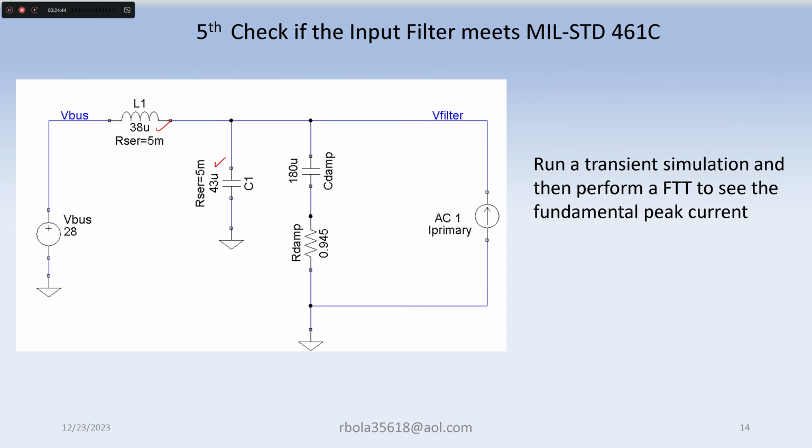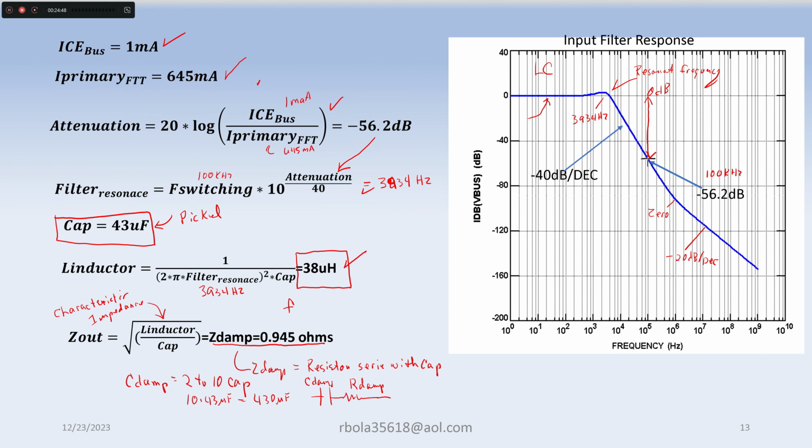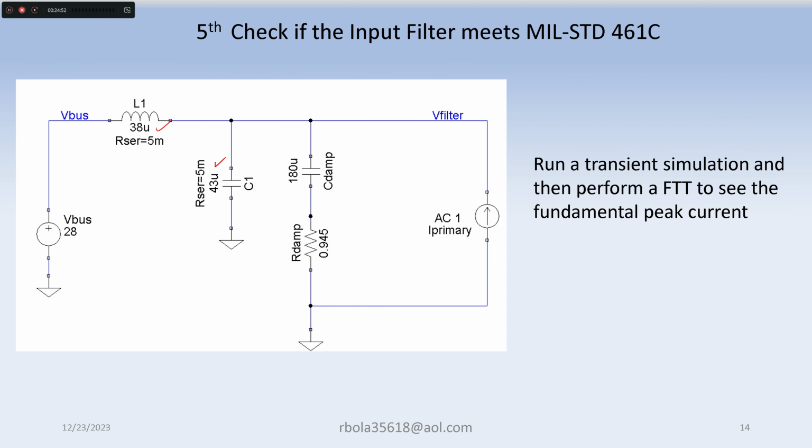And then here is the value 945. So I have that value here. In this cap, like I said, it can be anywhere from 2 to 10 times. It looks like I used about 4 times.